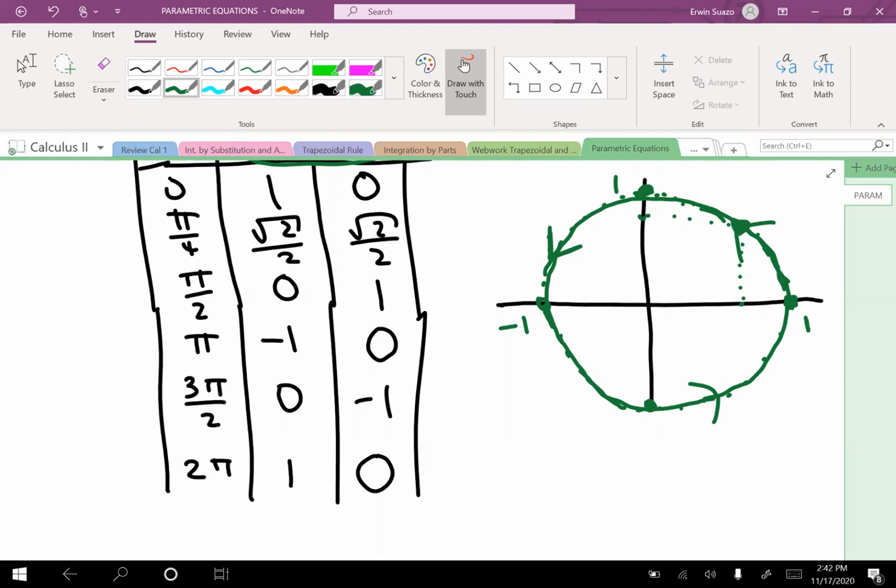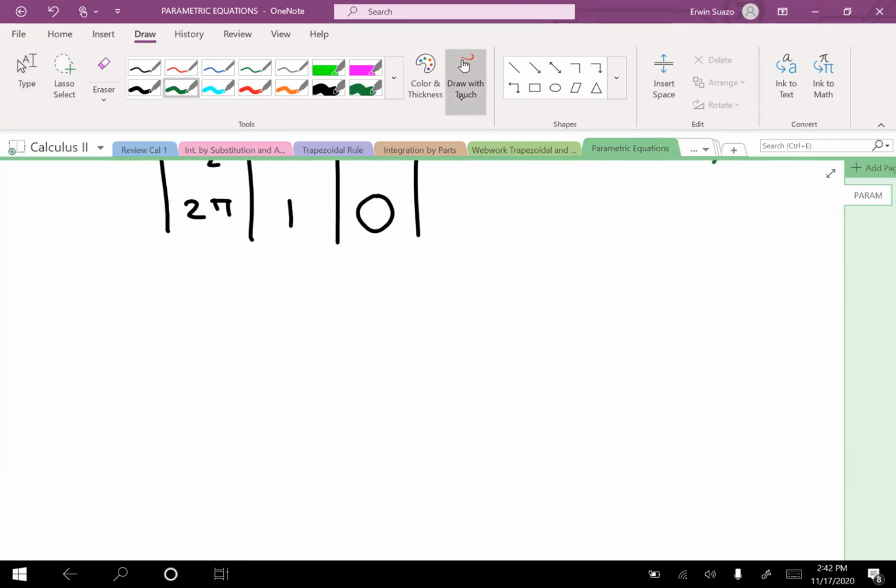So we're going to define something more general. Definition: the definition is initial point and terminal point.